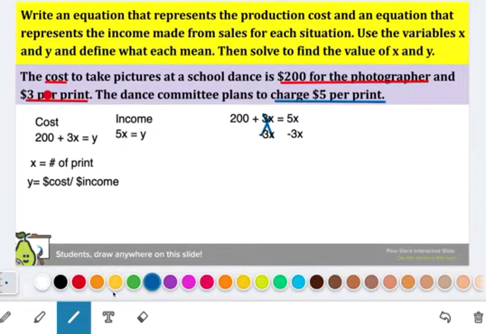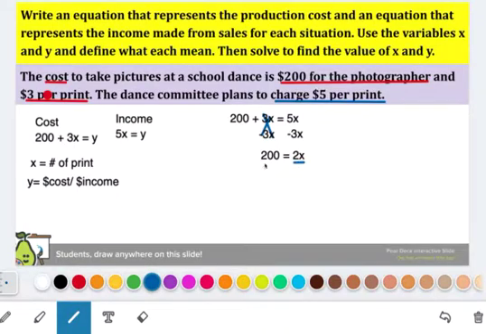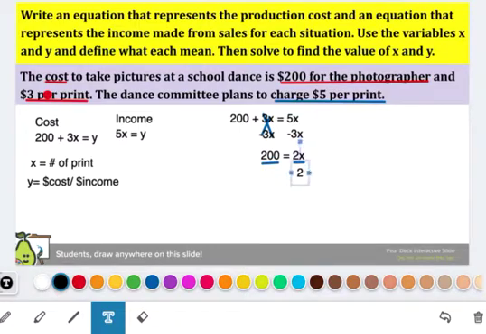So we get 200 equals 2x, and divide both sides by 2, and we have 100. We have to sell 100 prints, 100 sheets of paper.